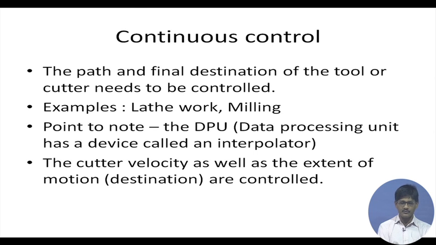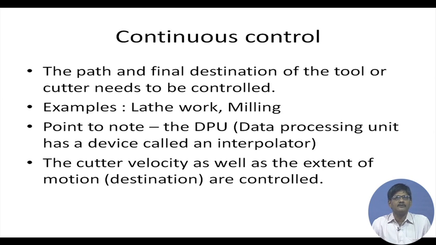How can the path of the tool be controlled? It can be controlled by controlling the ratio of the velocities along the different axes. We also have to control the rate of the motion of the cutter along its path. That means the absolute velocity of the tool has to be controlled as well.